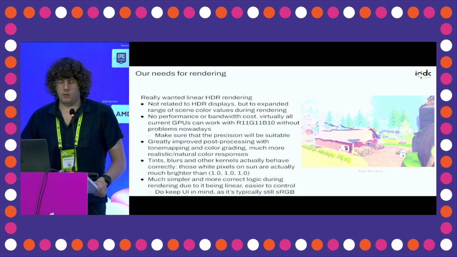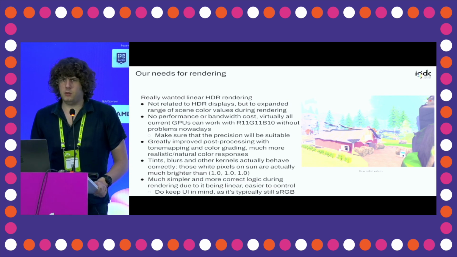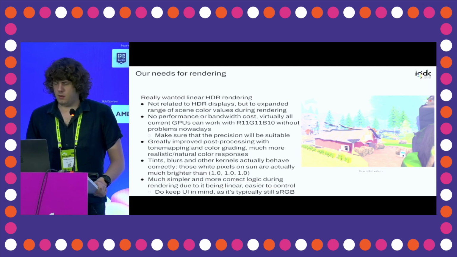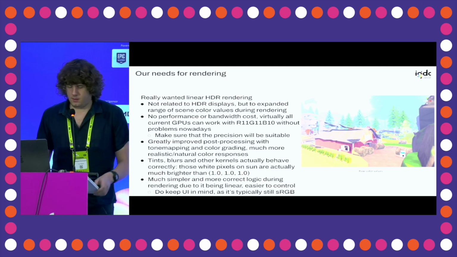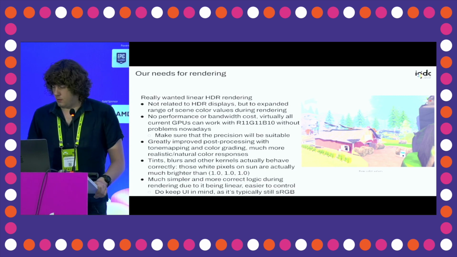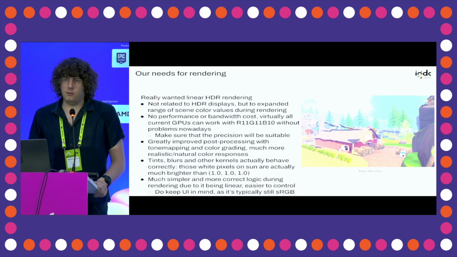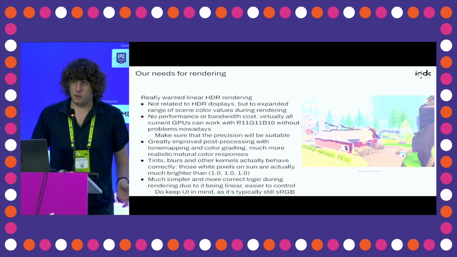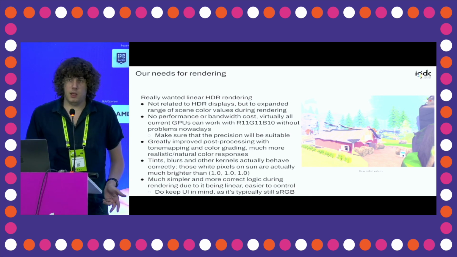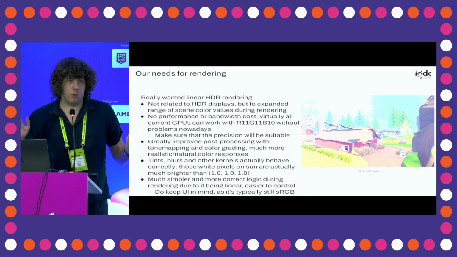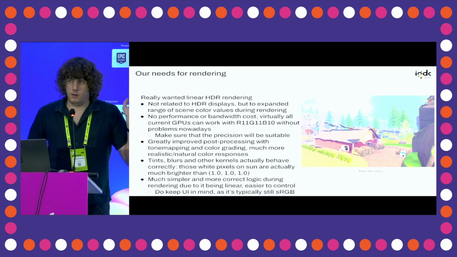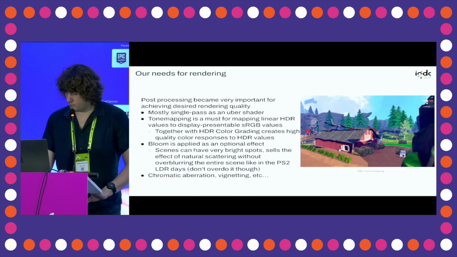Virtually all modern GPUs support these low bit formats, and there's really no issue with that. So that drastically improves our quality and simplifies our rendering, because we can just do everything in linear, and stuff like post-processing and blurs and other kernels now behave correctly because we actually blur the raw HDR data and not the clamped LDR data.